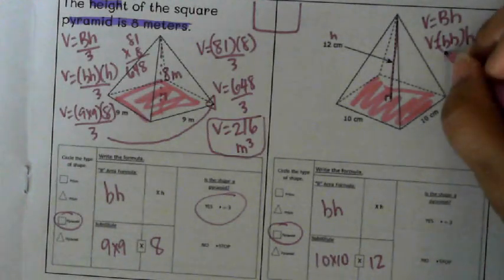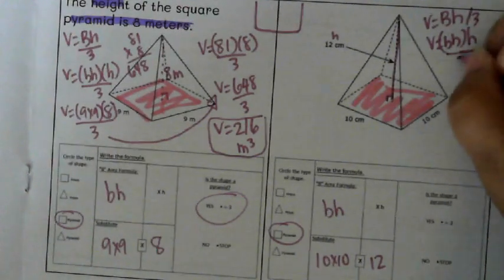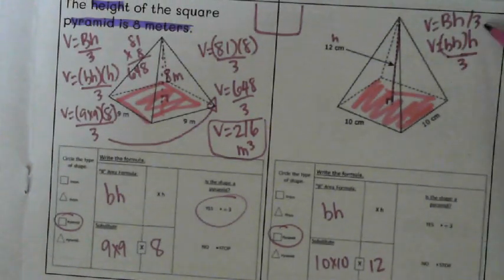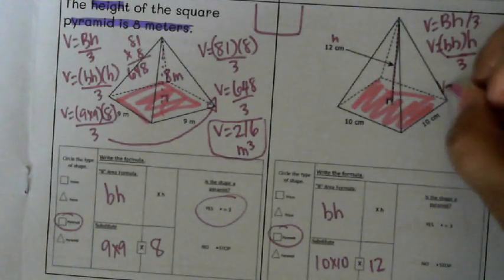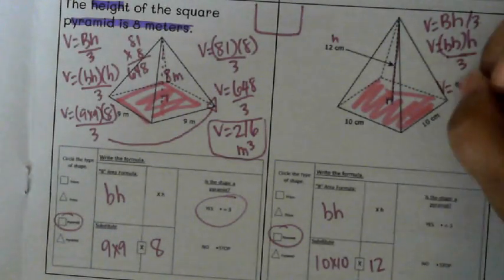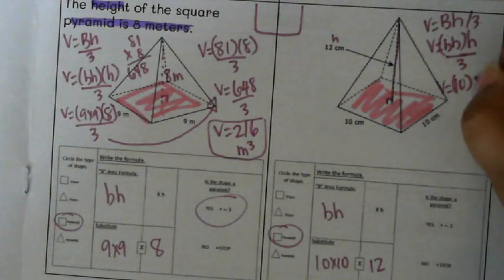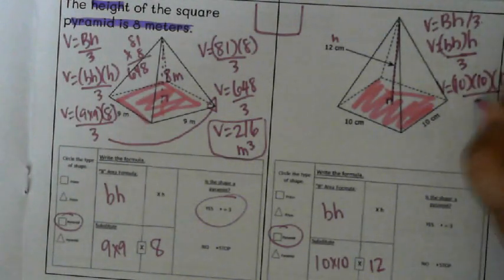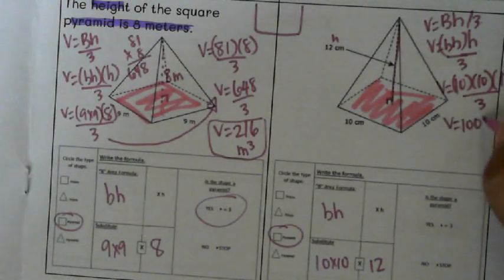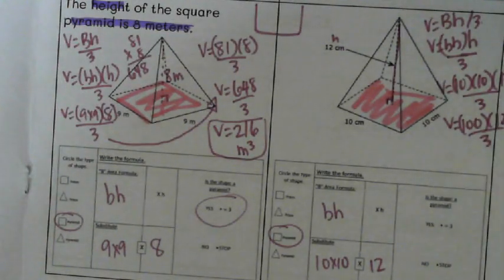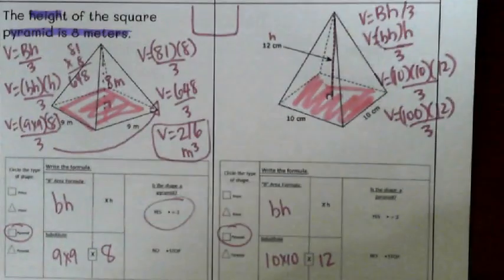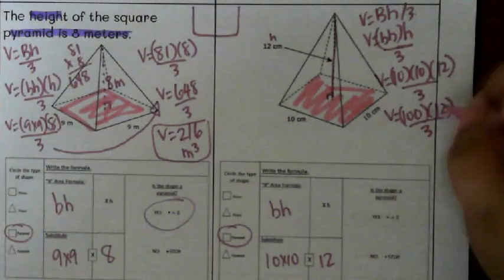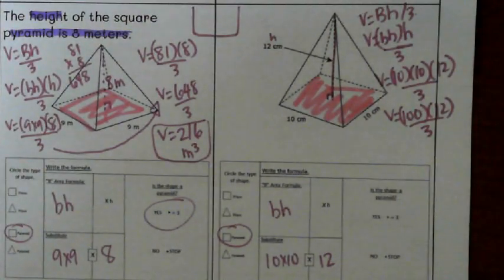All right, so again, substituting the values, 10 times 10 times 12, all divided by 3. I know that 10 times 10 is 100, times 12, all divided by 3. 100 times 12 is going to be 1,200, so volume is equal to 1,200 divided by 3.